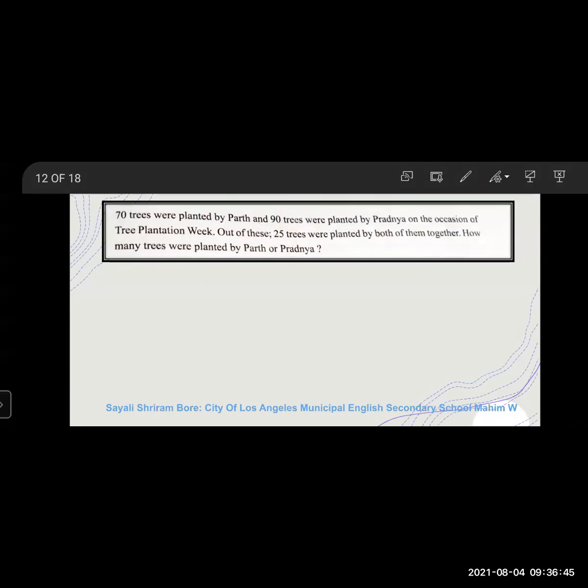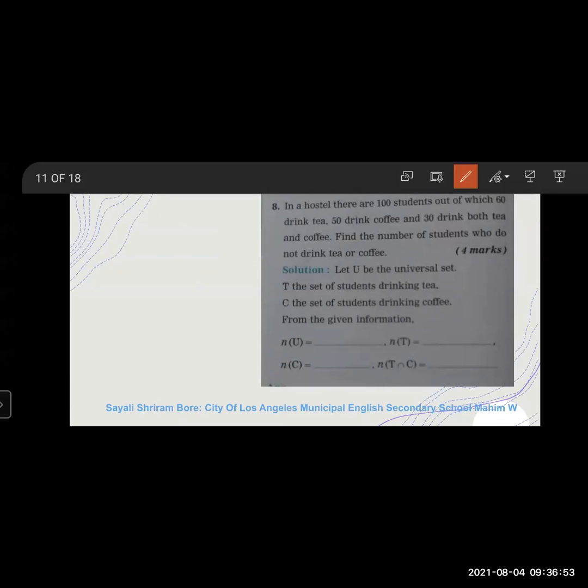Wait, I will clear this. See, here you can see, find the number of students who do not drink. Negative, do not. In such cases, you will find the union as per the formula and subtract it from the total.